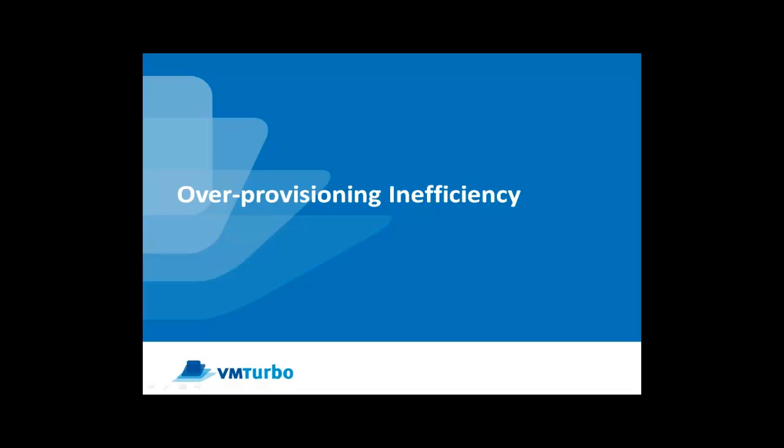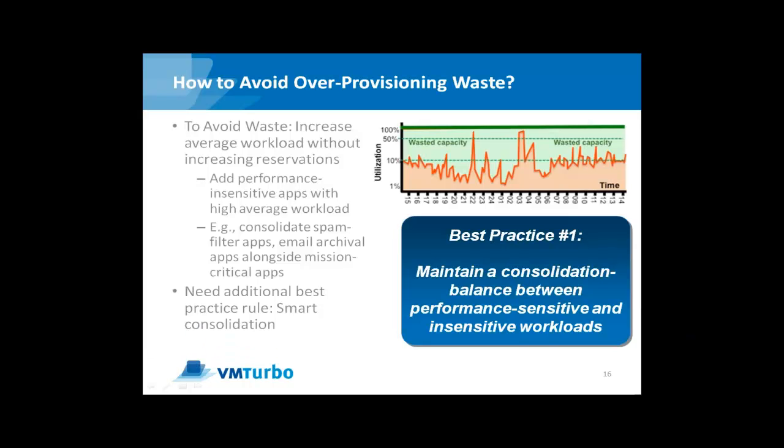So first, the over-provisioning inefficiency. We talked about how for many apps, in particular mission-critical apps, the average utilization is 10% or even considerably less than the peaks. A way to avoid the waste is to increase the average workload without increasing the reservation by adding low, performance-insensitive apps.